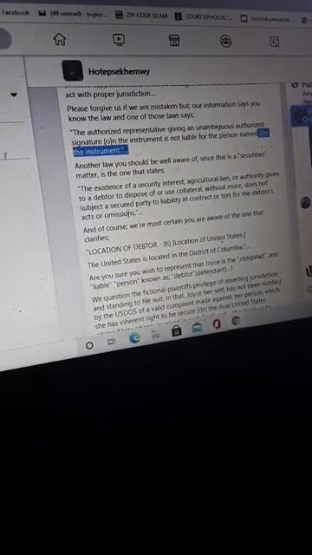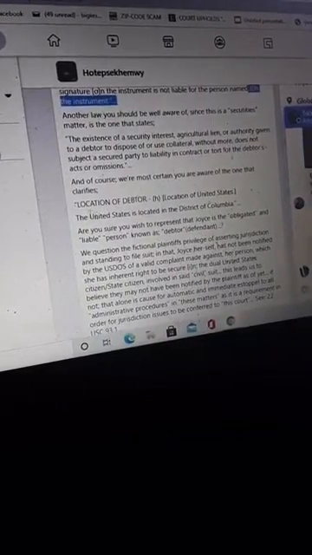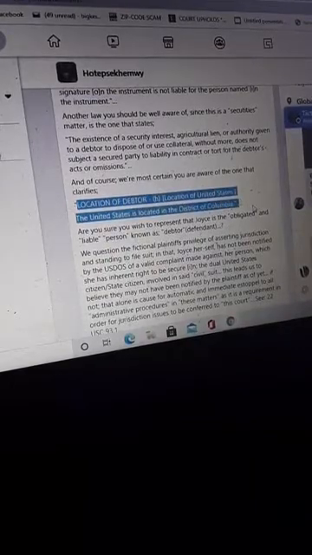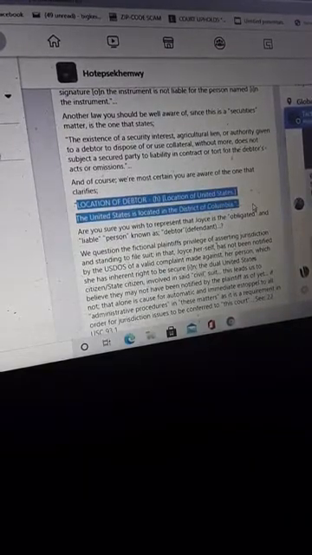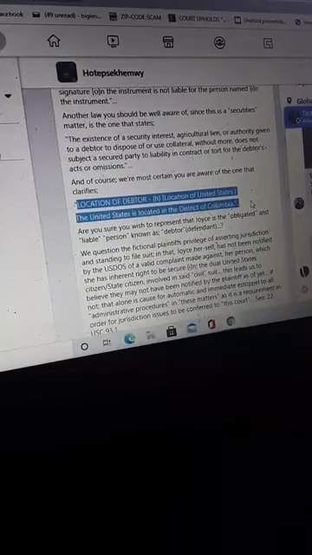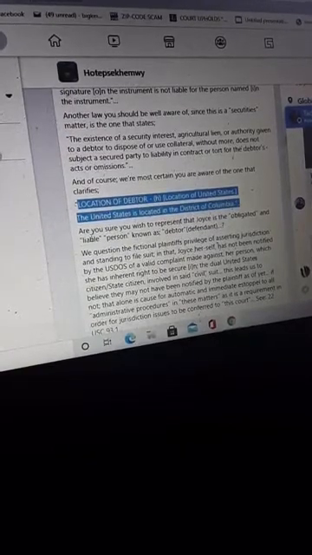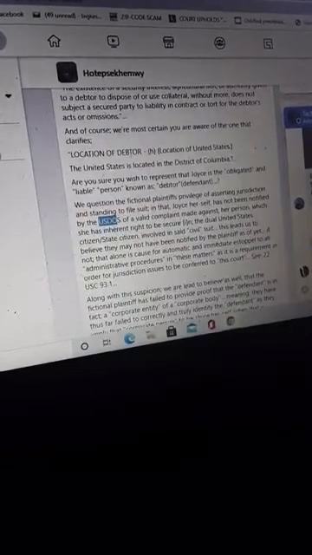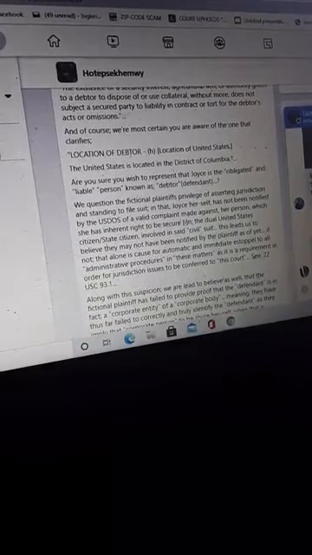Why? Because the person named in the instrument is the debtor, and the location of the debtor is the District of Columbia. What don't you people get about this? Why are you sending it to this address? Aren't you supposed to notify the U.S. Department of State? And then the U.S. Department of State, as trustee, is supposed to notice the beneficiary or the grantor.